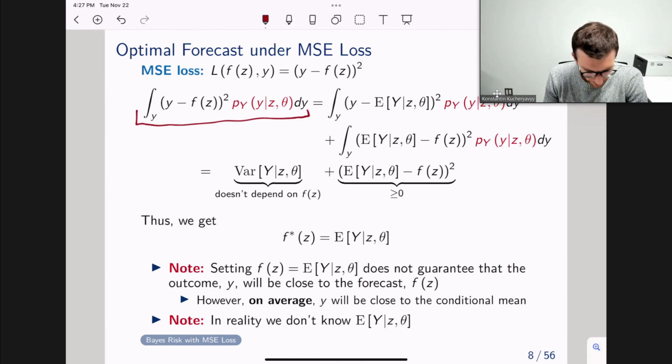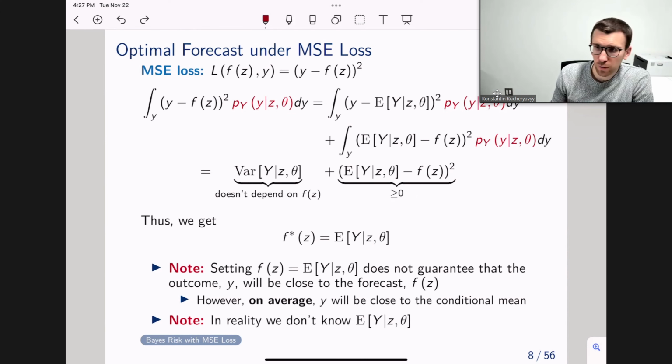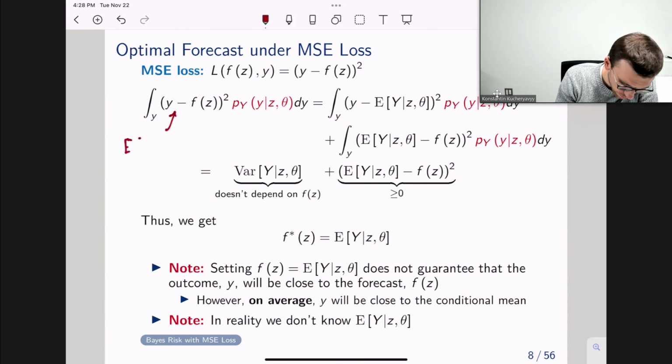Then we can do the usual trick that perhaps you've done before. We add and subtract the expected value of y.